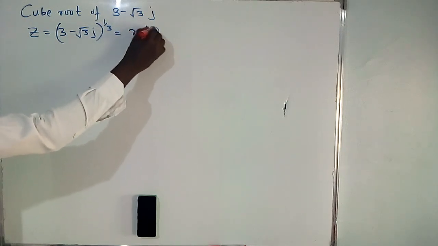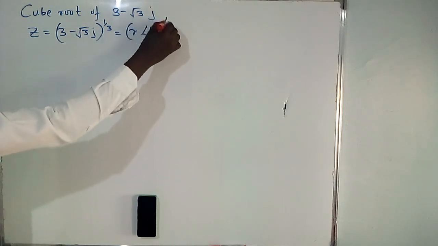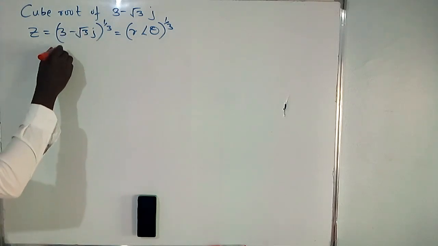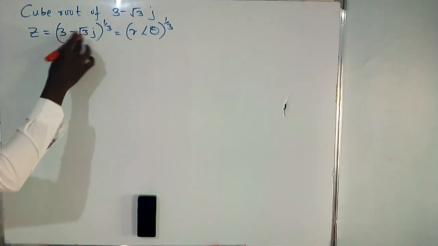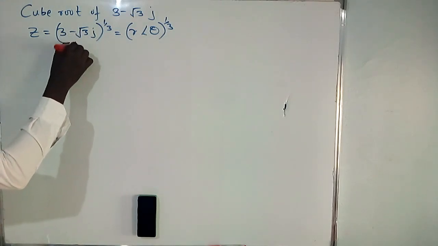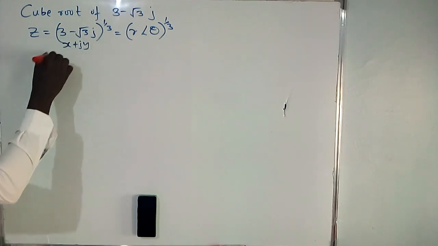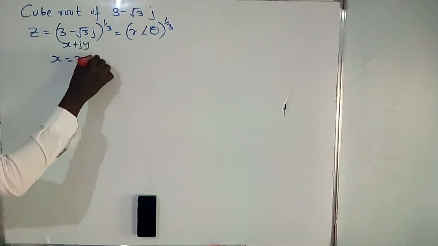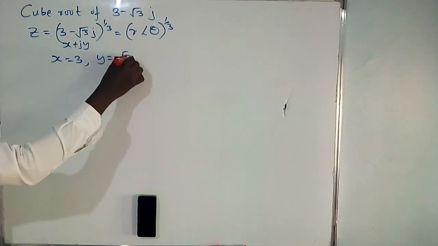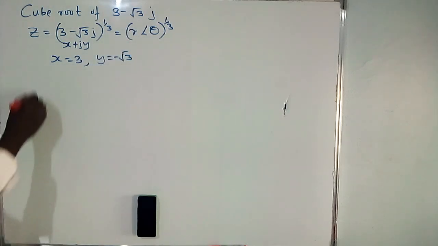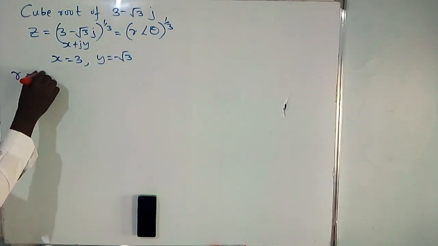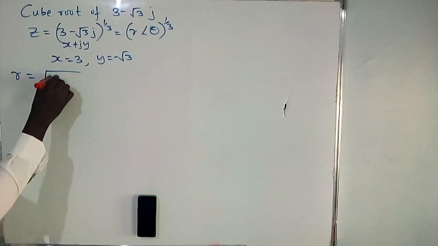So if you have 3 minus root 3j, that means that is x plus jy. So your x value is 3 and your y is negative root 3, isn't it? So what is r? r is the square root of x squared plus y squared.